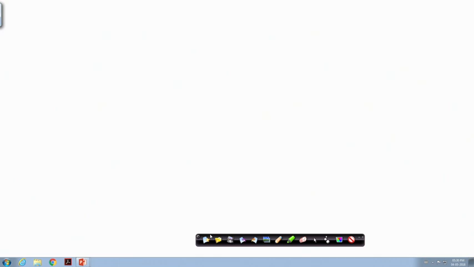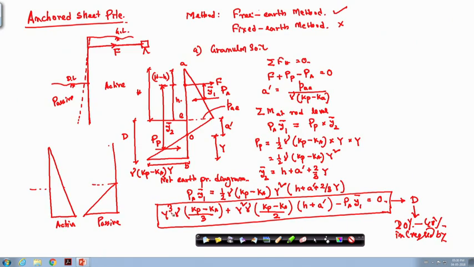I will discuss how we will design this anchor, because here you have an anchor. From this solution you will get capital Y. Now, your d value is capital Y plus a dash. You have the capital Y, so you will get the d and you know the h. So, your total h plus d you know. Once you get the d, you put this capital Y here, you will get the Pp, and Pa you will get from this diagram.